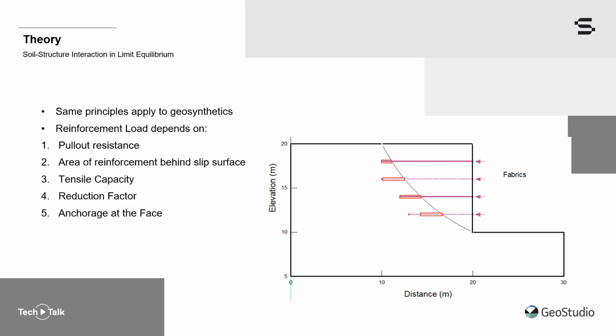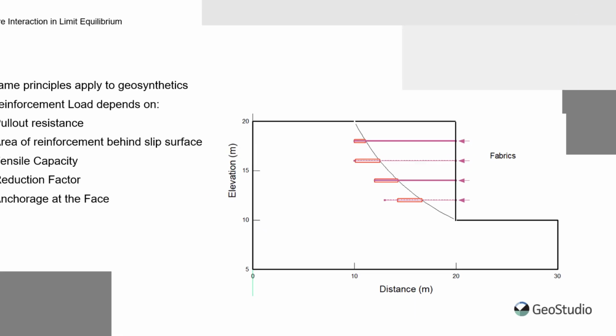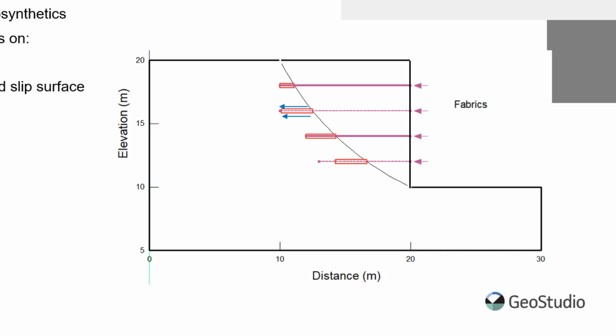All reinforcement is fundamentally the same. It is assumed that the soil structure interaction transfers load through the reinforcement and into the ground profile. We must therefore convert the shear mobilized at the interface into a pullout force acting on the sliding mass.